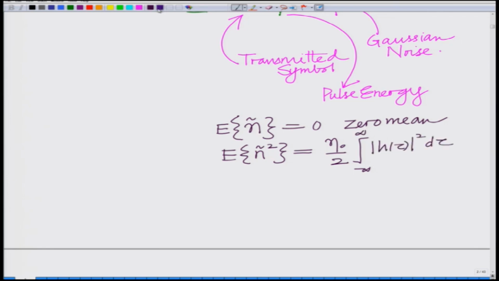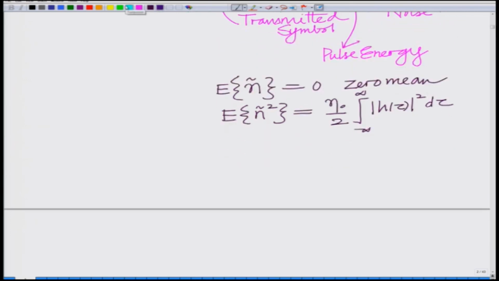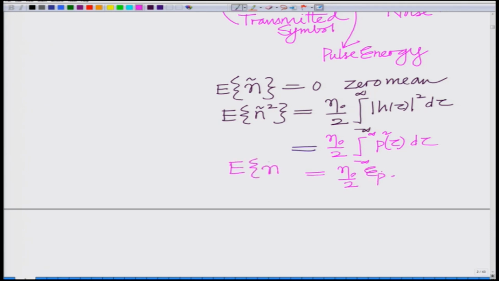But we have also seen that the energy of the receive filter is nothing but the energy of the pulse shaping filter for a matched filter. So, this is eta naught by 2 integral minus infinity to infinity p square tau d tau, which is eta naught by 2 times E p, that is the expected value of n tilde square.